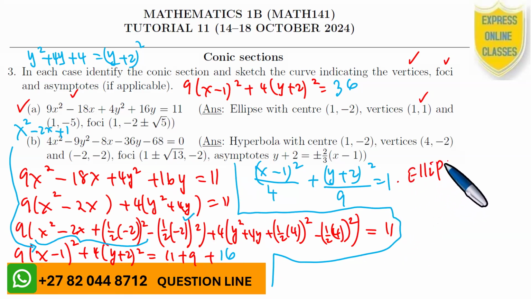So this is clearly an ellipse. It has center.